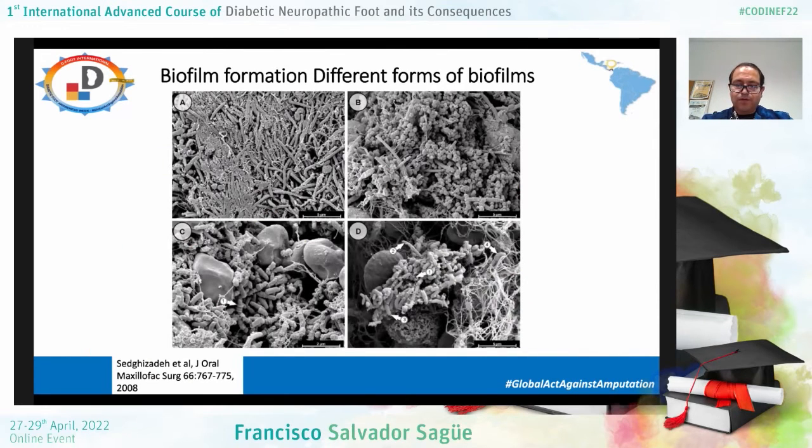The biofilm offers a bulwark against environmental stressors and can include organisms from several kingdoms, as in this case of bacterial, fungal, yeast specifically, and mixed biofilm.